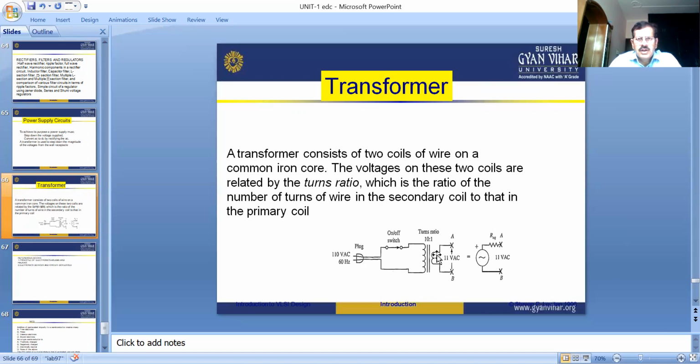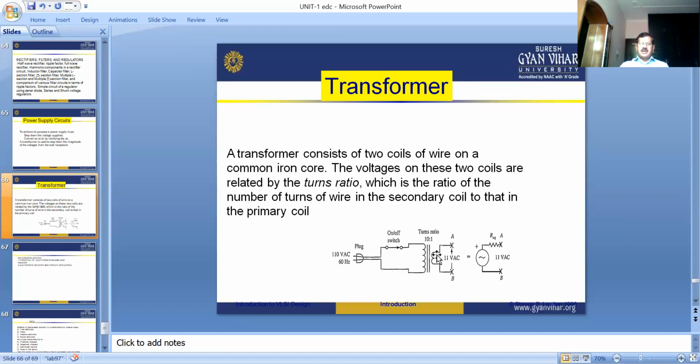The voltage on these two coils is related by the turn ratio. The voltage depends on the turn ratio of the transformer, which is the ratio of the number of turns of wire in the secondary coil to that in the primary coil.